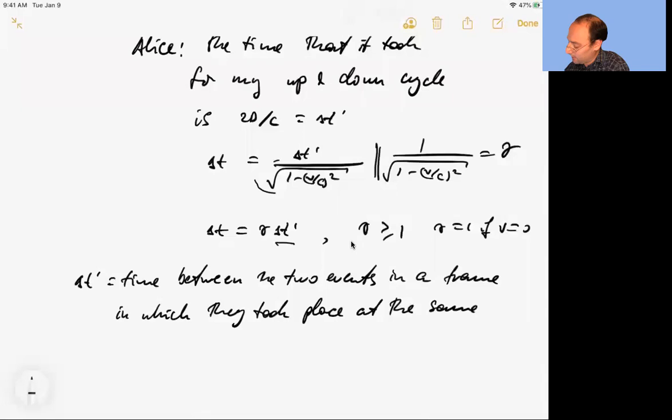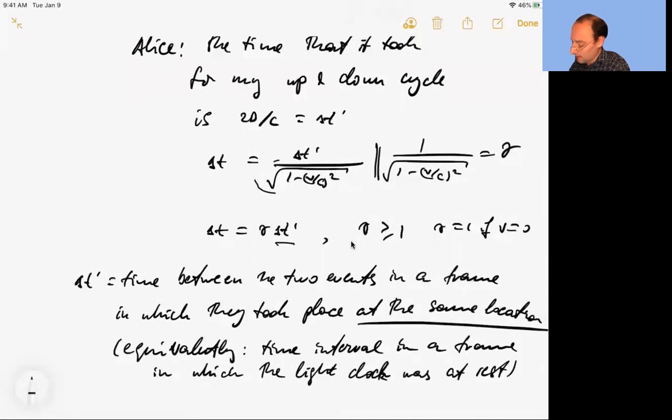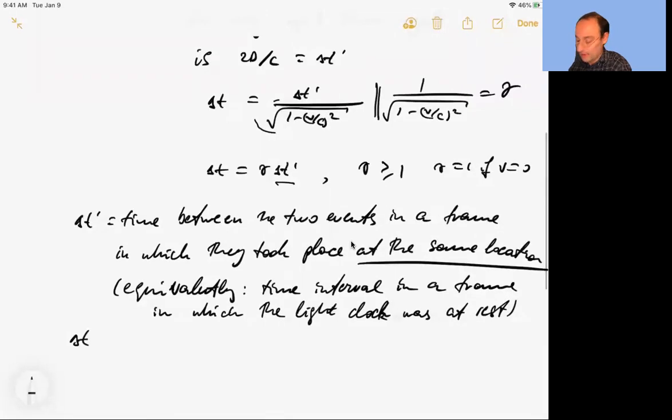So I already emphasized that's delta t prime. And delta t is a time interval.